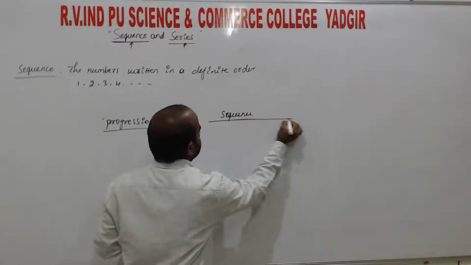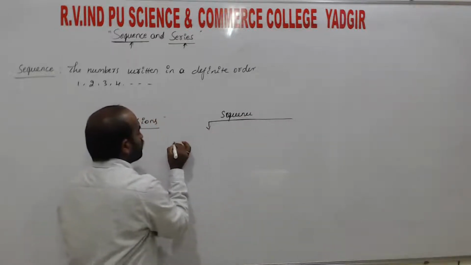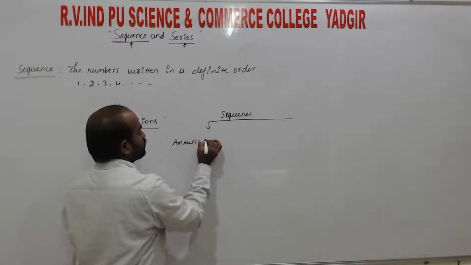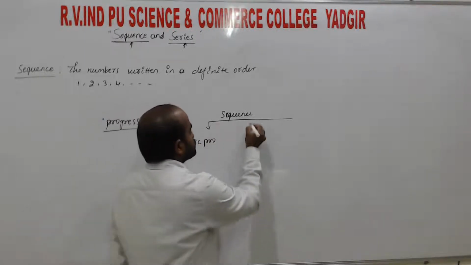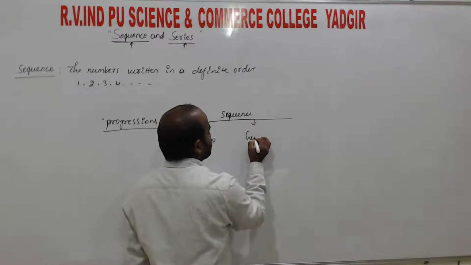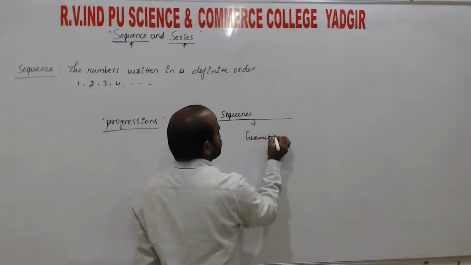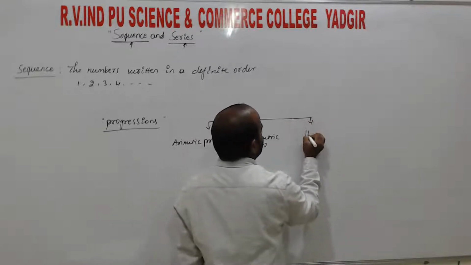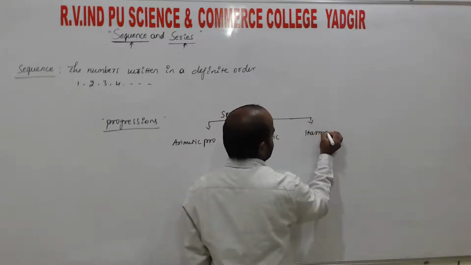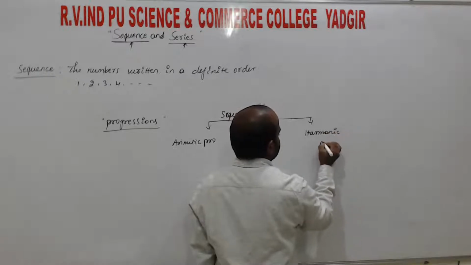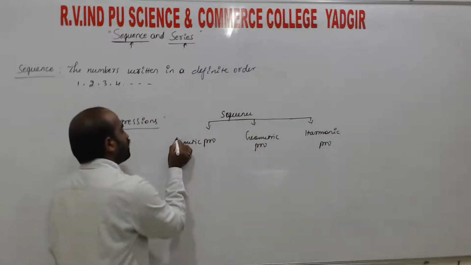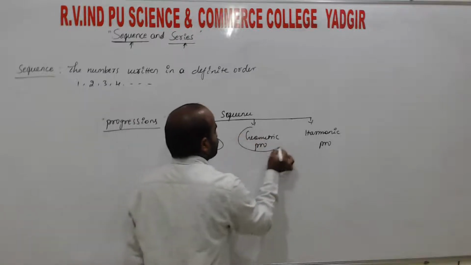First one, arithmetic progression. Second one, geometric progression. Third one, harmonic progression.